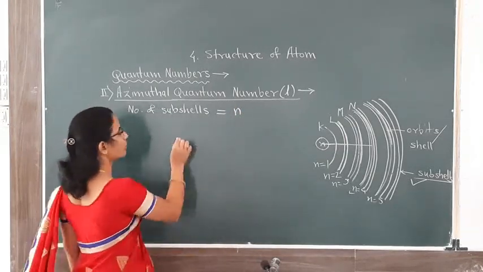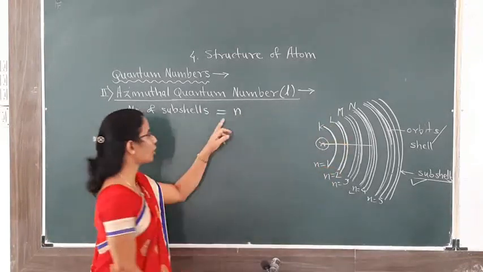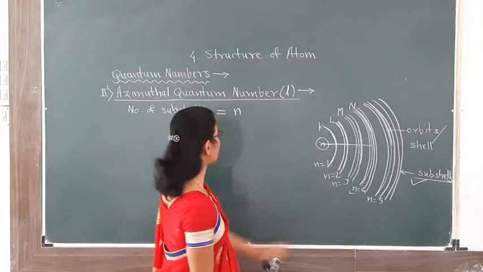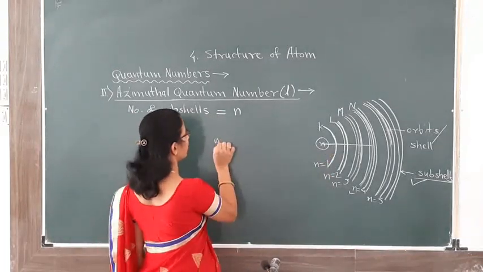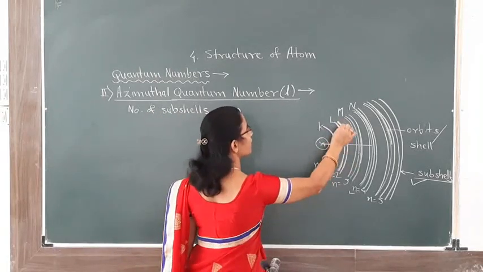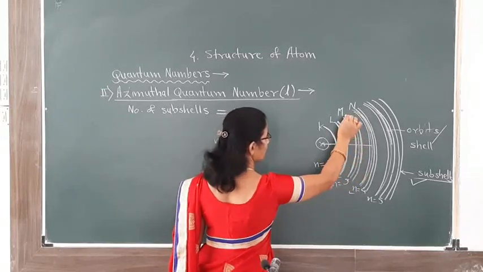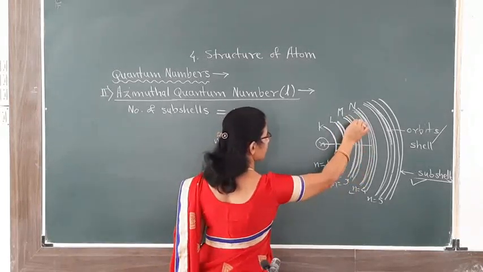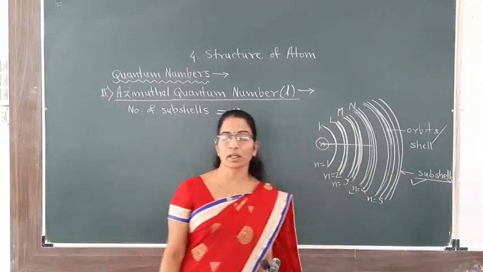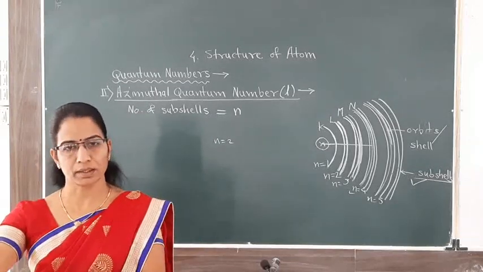Means what? If you take the first shell, this one is the first shell. In the first shell, how many subshells are present? Only one. Here I have shown that subshell. In the second shell, if n is equal to 2, the number of subshells is 2 and they are shown here. Similarly, in the third shell, the 3 subshells are present. Okay, in this manner, you can find the number of subshells present in a main shell.